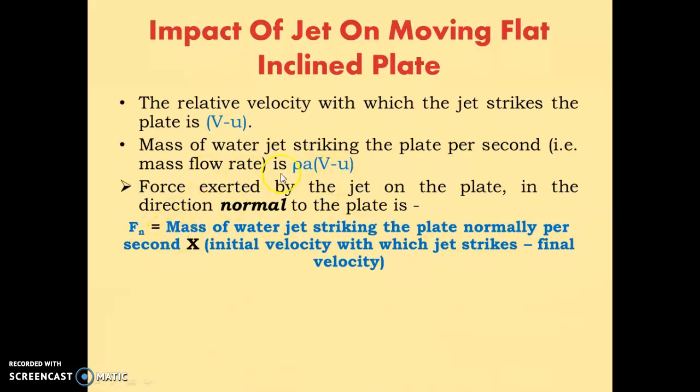So this value is rho a into (v minus u) into the initial velocity with which the jet strikes minus the final velocity. This is the mass of water jet striking the plate per second, rho a (v minus u), into the initial velocity in the direction of the normal force.